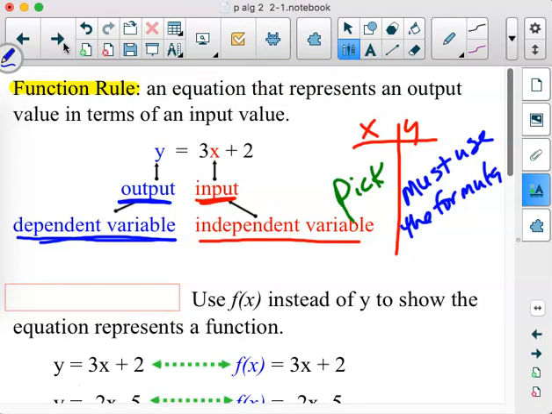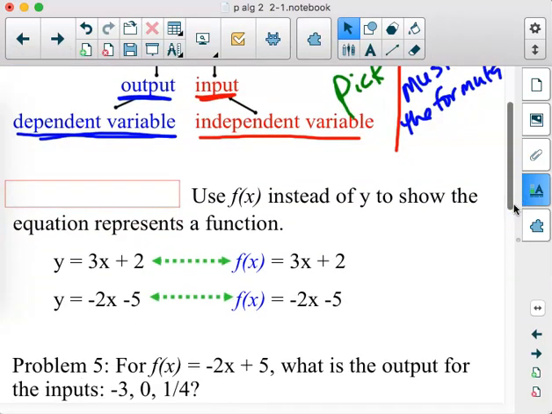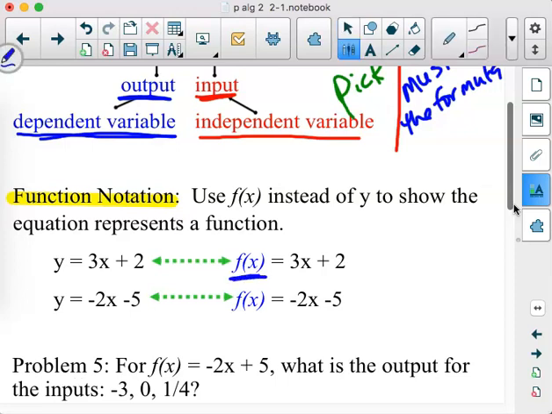Now, to show somebody that we're actually talking about a function, which passes the vertical line test, where for every input there's exactly one output, we replace the y. We use function notation. So like it says, we use f of x instead of y to show the equation represents a function. So you can see y equals 3x plus 2, and then the next time you see it, it says f of x equals 3x plus 2.